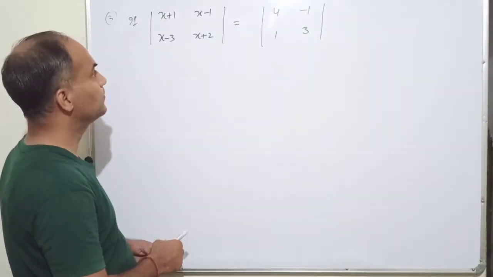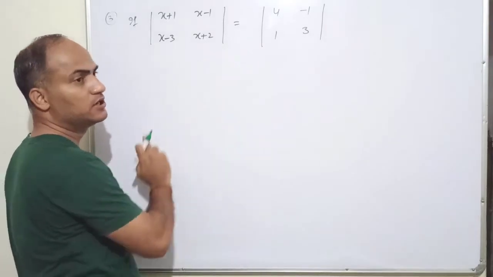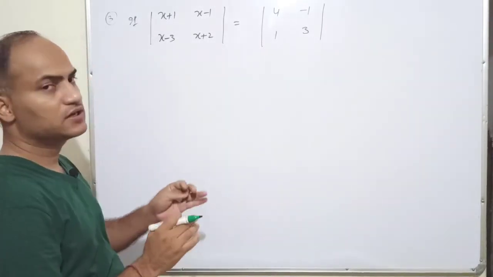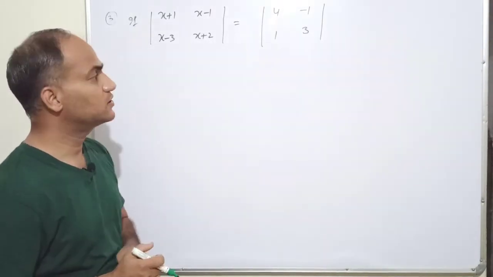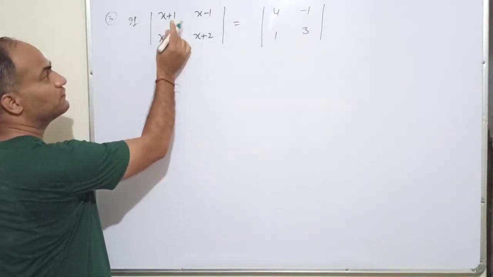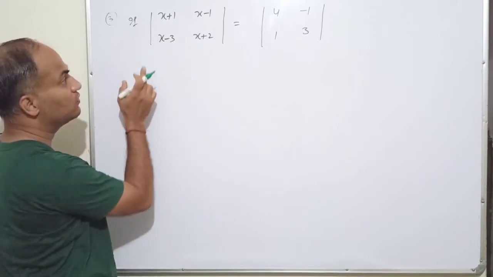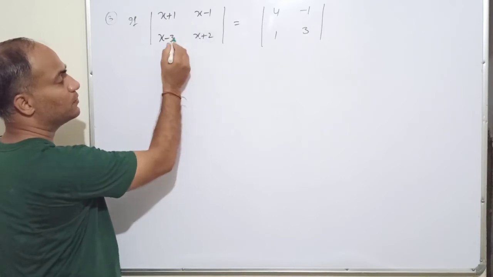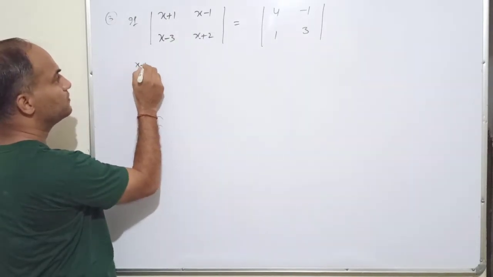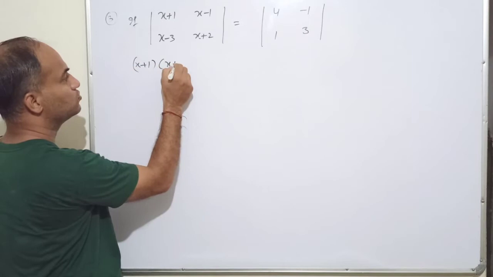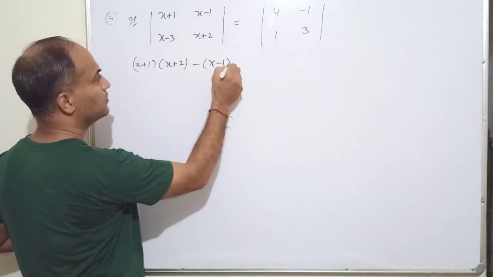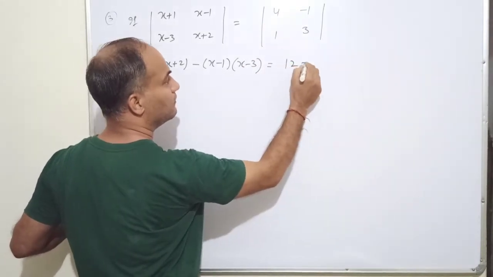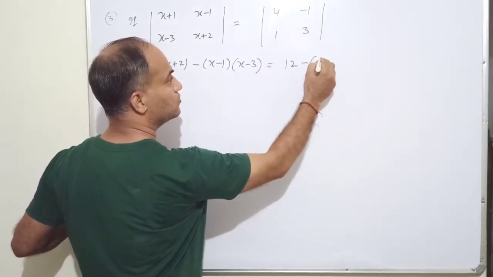Now in this question we are given two determinants that are equal, and we have to find the value of x. It is also very easy, and after this we have some difficult questions. So here we open this determinant. We expand this. This is 2 by 2, so we multiply this and subtract the multiplication of these two. So (x plus 1) into (x plus 2) minus the product of these two values is equal to 4 3 12 minus the product of these two.